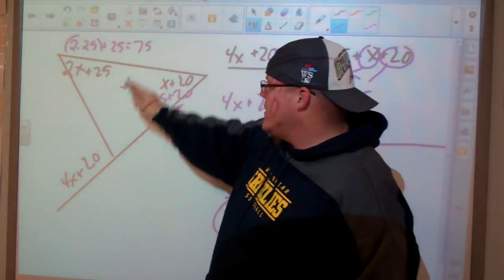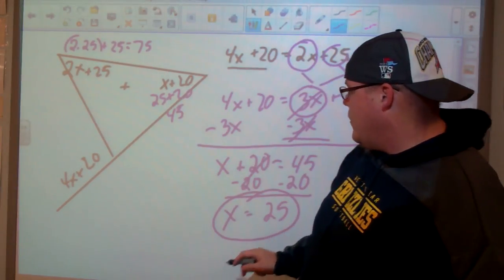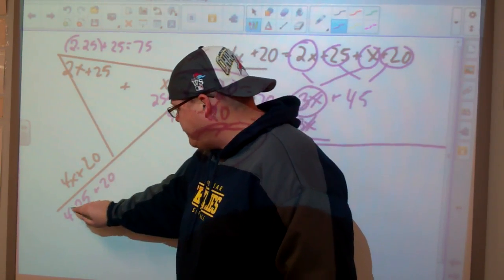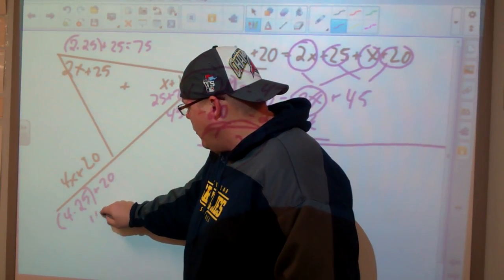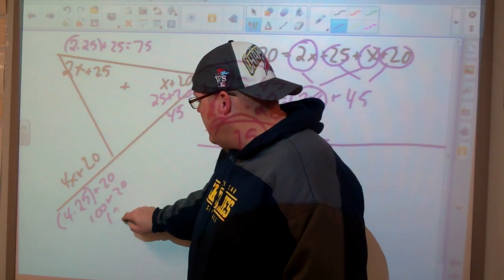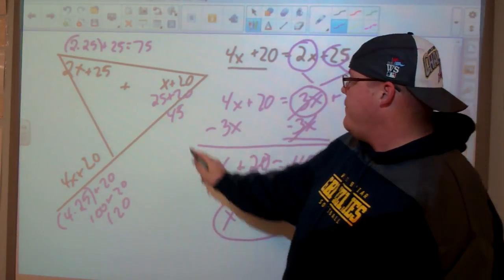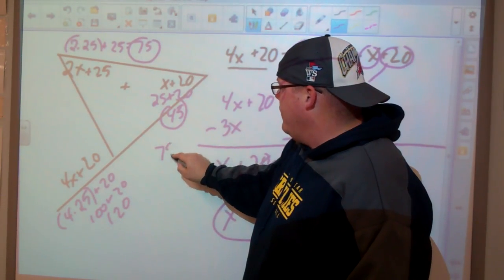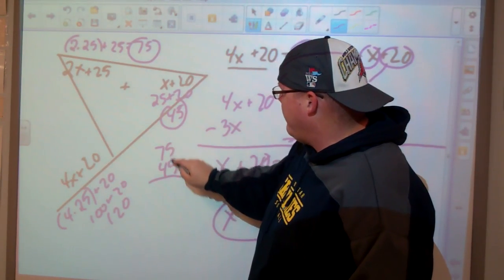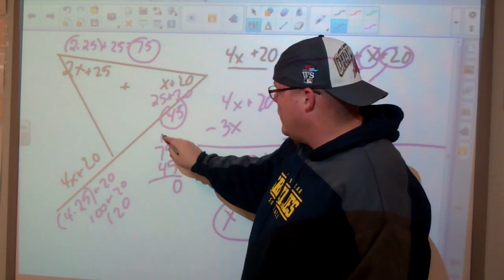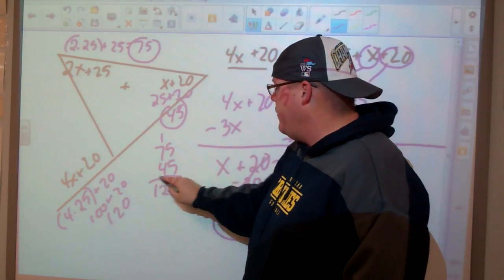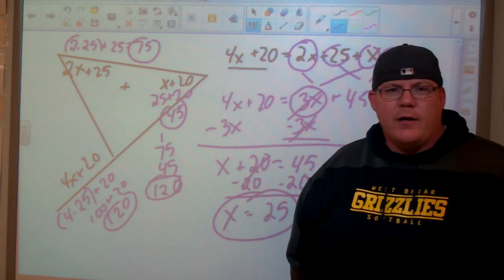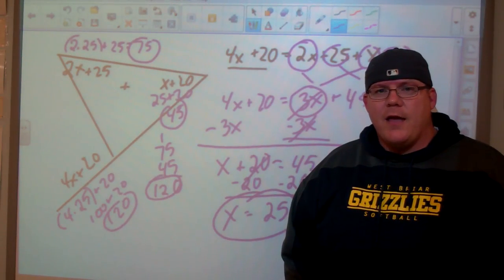Well, I know these two added together equal this one, but let's just check. 4 times 25 plus 20 is 100 plus 20, 120. So if I add 75 and 45 together, does that equal 120? Well, let's check. 5 and 5 is 10. 1 and 7 is 8, plus 4 is 12. 120, 120.